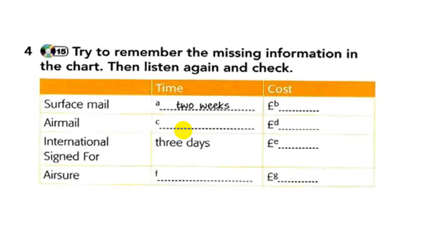International signed for, it takes 3 days because the clerk doesn't mention how much time it takes. So here I just solved it in the book. It costs £3.50, and the airsure, it takes only 2 days and it costs £10.09.